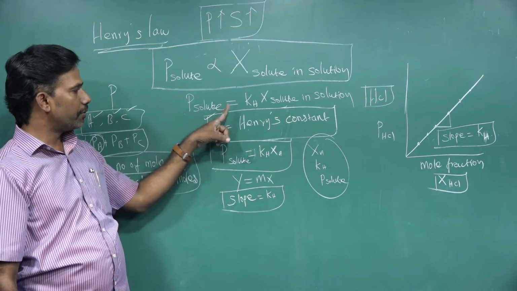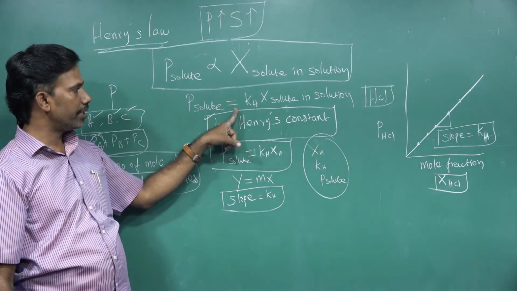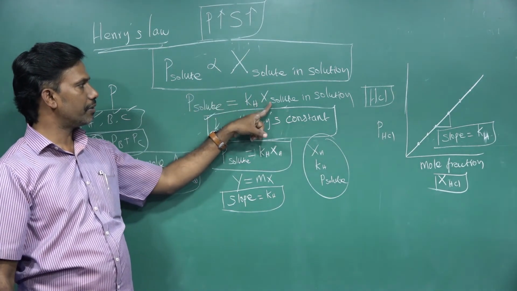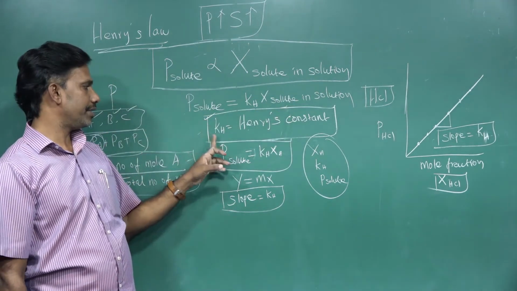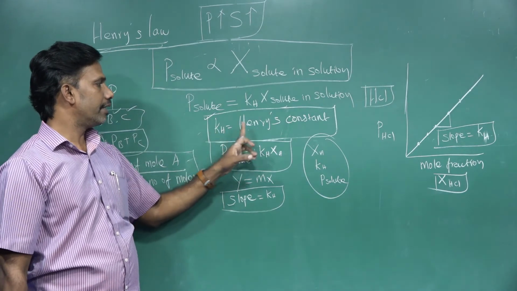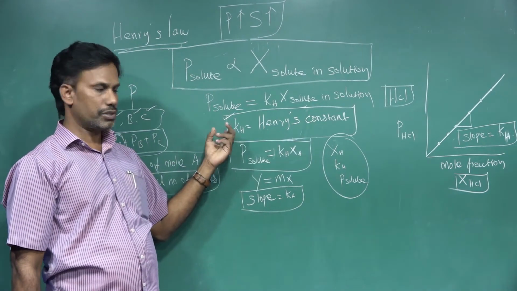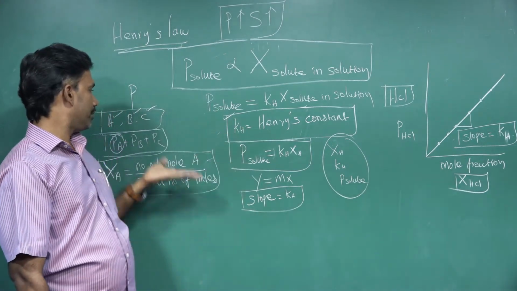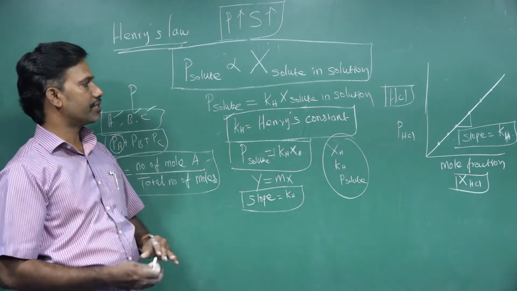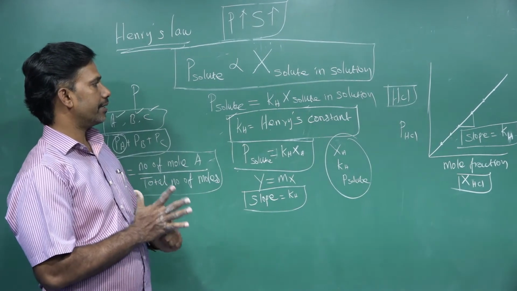Then the pressure of the solute equals KH times the mole fraction, where the proportionality is removed. KH is Henry's constant: K is always used for a constant, and H is the special case for Henry. We have already studied partial pressure and mole fraction.